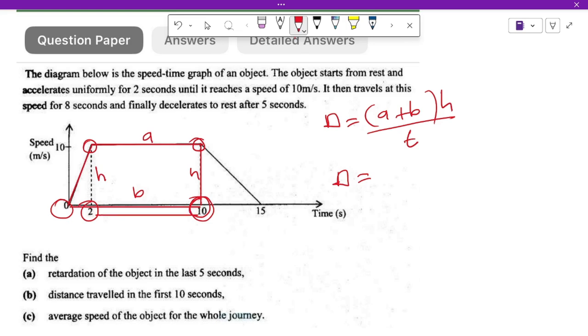So your A is going to be equal to 8 plus, so this distance from there to there is the same distance as from there to there. That's why it's still 8. And then your B is basically the entire 10 seconds.